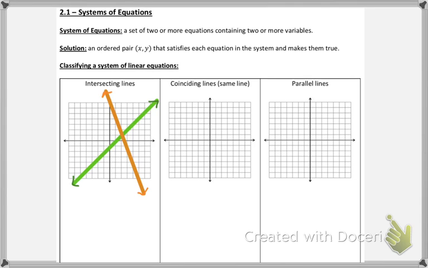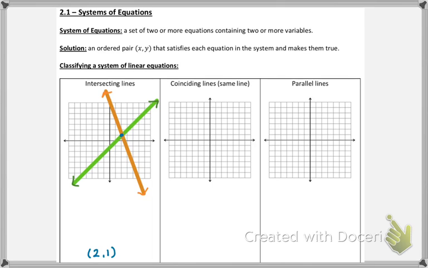If you've got two lines that are intersecting, the solution is the point of intersection, which is right here. In this case, my solution is the ordered pair (2, 1). So when you have two lines, the first scenario is that they intersect, there is a solution.